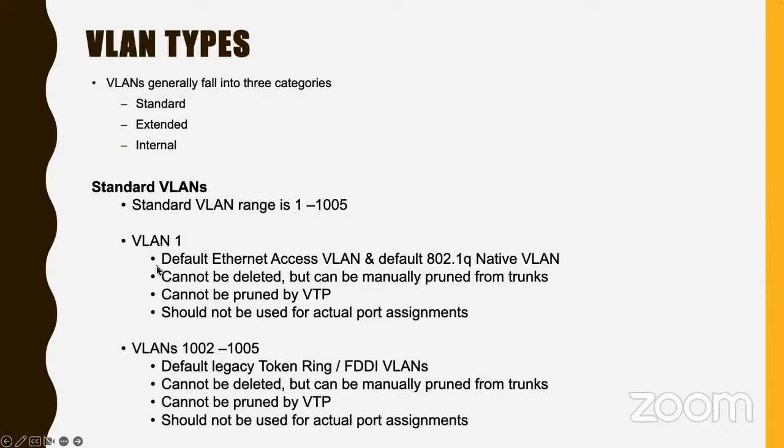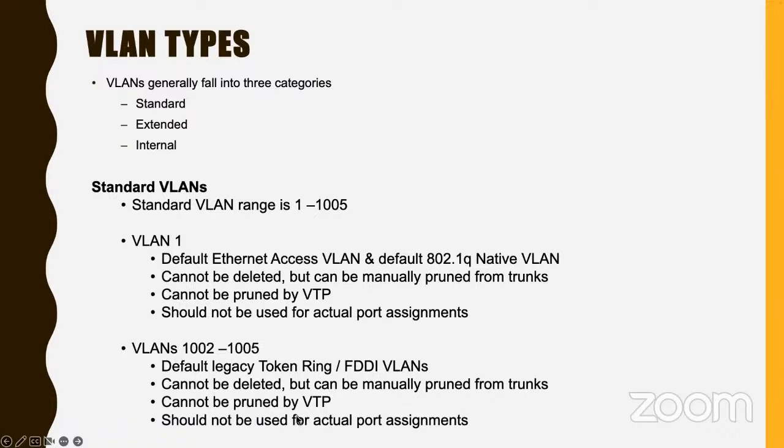As a best practice, we should not use VLAN 1 for our actual production ports. VLAN 1002 to VLAN 1005 are reserved VLANs. Some are for Token Ring or the old protocols like FDDI. These are reserved ones, cannot be deleted, but can be manually pruned from the trunks.